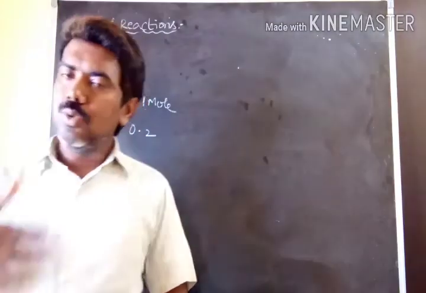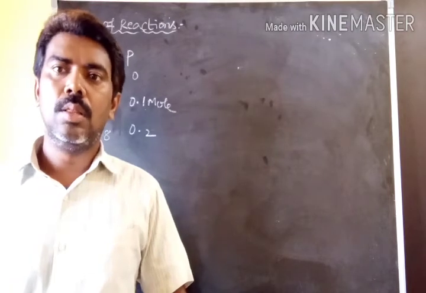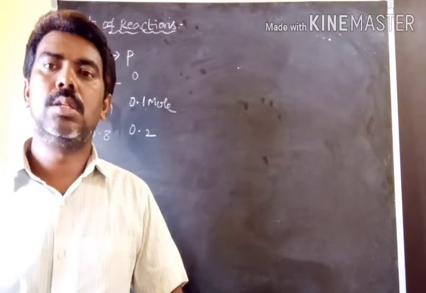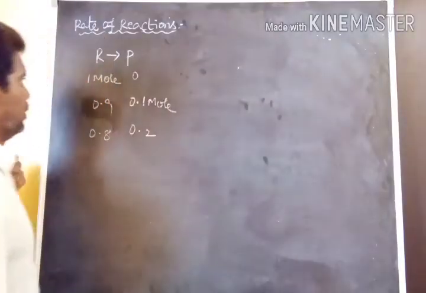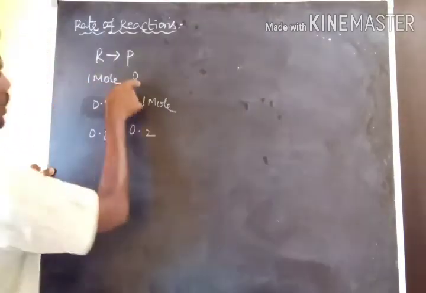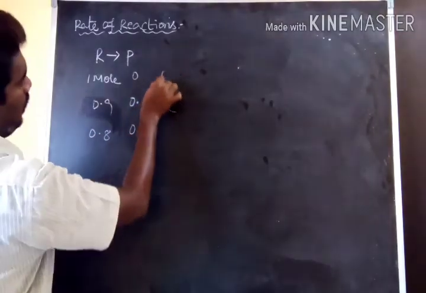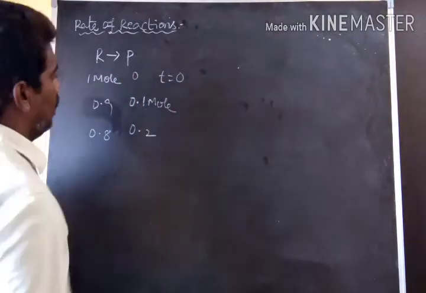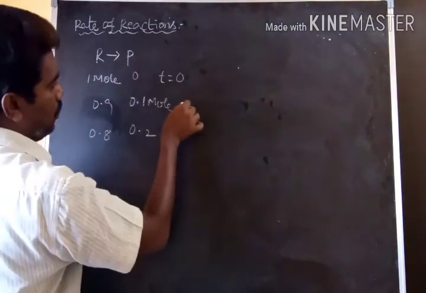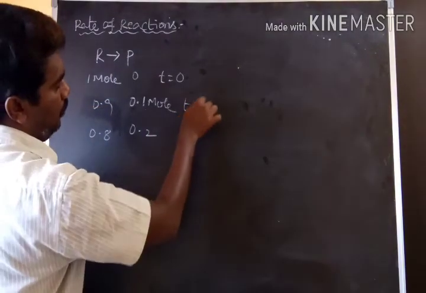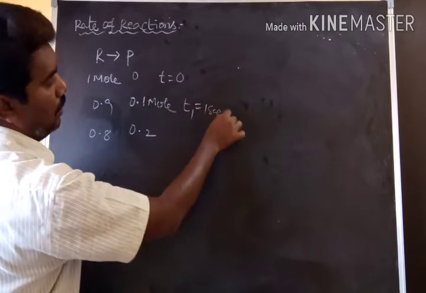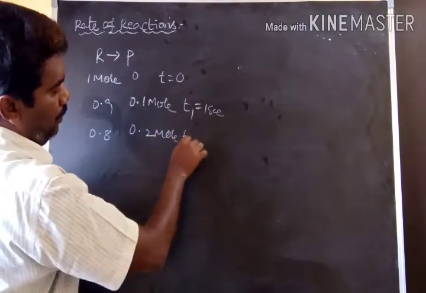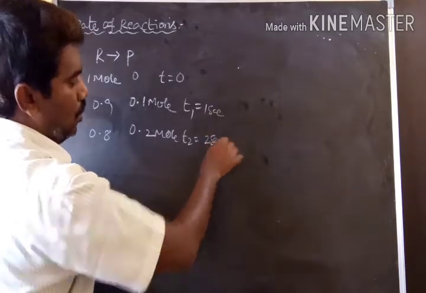So as time goes on, the concentration or amount of reactants decreases and the amount of products increases. Here there is 1 mole of reactant and 0 moles of product at time t equal to 0. Here 0.1 mole of product is produced at time t1 equal to 1 second, and 0.2 mole of product at time t2 equal to 2 seconds.